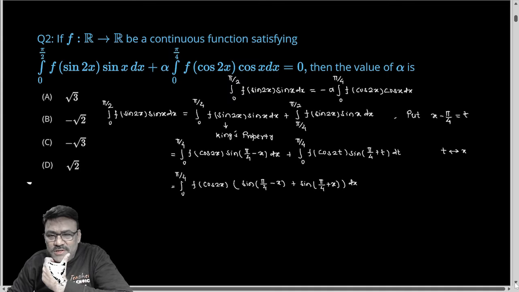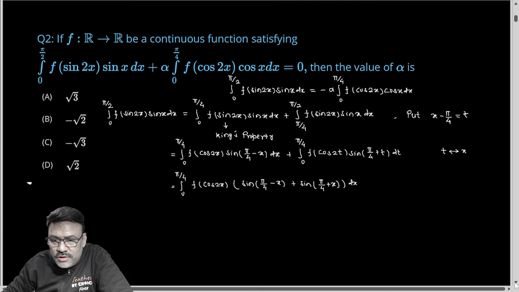Sine of a minus b plus sine of a plus b will become 2 sine a cos b. So it is 0 to pi by 4 f of cos 2x and then 2 sine a cos b. So 2 sine a means sine pi by 4, which is 1 by root 2. Cos b means cos x.